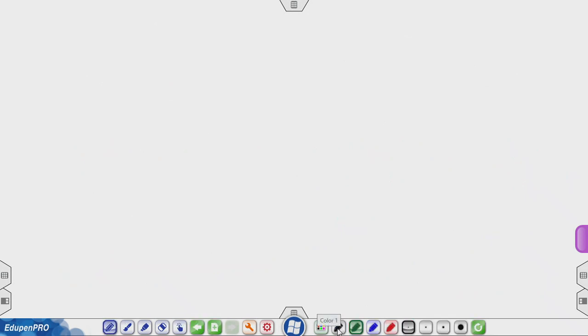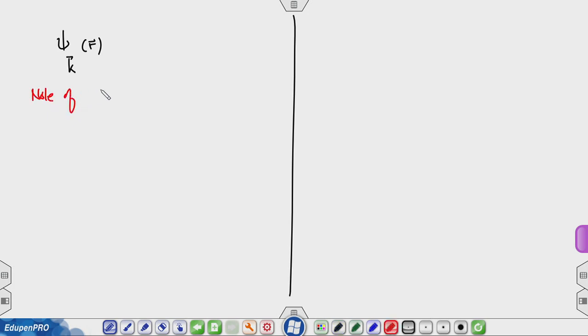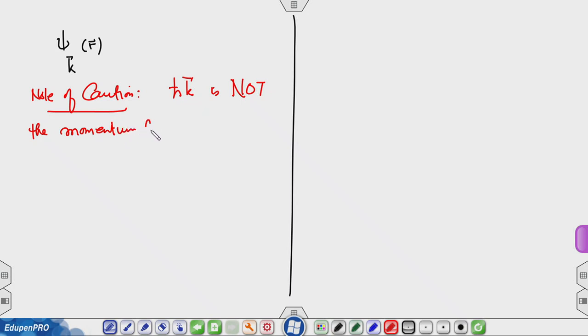Going further on this, when I write the wave function as psi k r, a note of caution: h cross k is not the momentum of the electron in psi k r. Why?